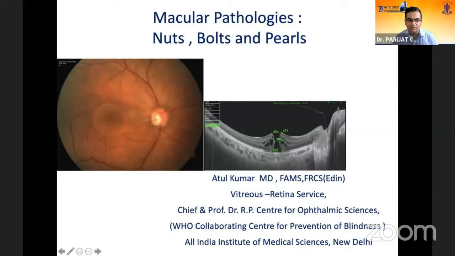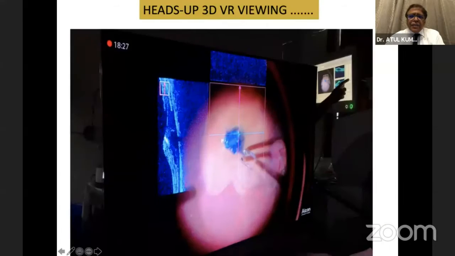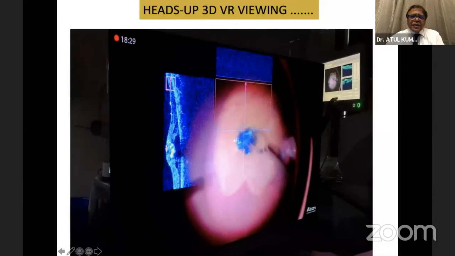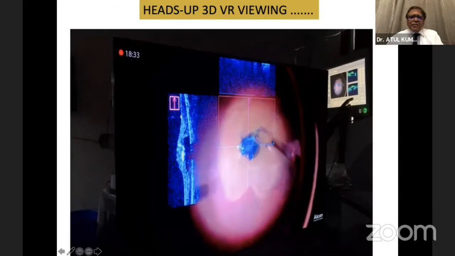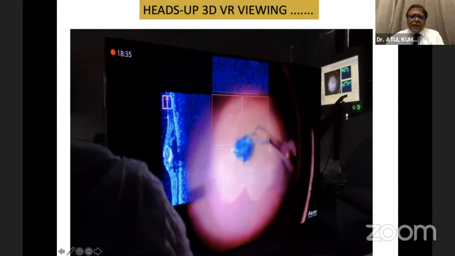Yeah, thank you. So I'm talking a little bit about macular pathologies, which we get to see a lot more, possibly because of better imaging tools and modalities available to us, and sometimes the wrong interpretations we were making have improved because of multimodal imaging. So I'm just showing you the various macular pathologies, surgical macular pathology.